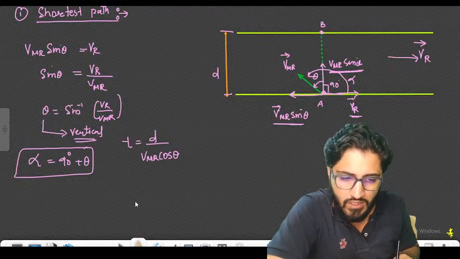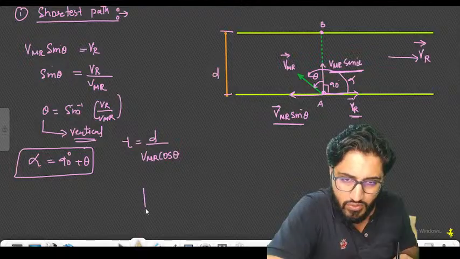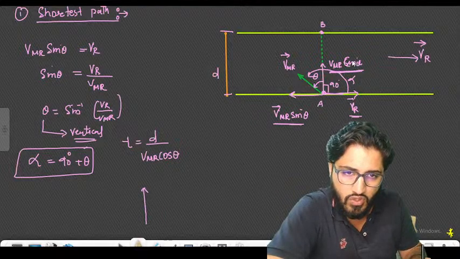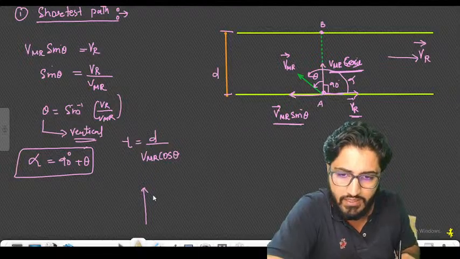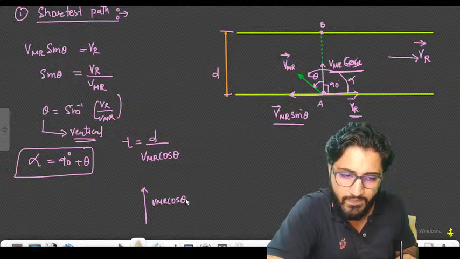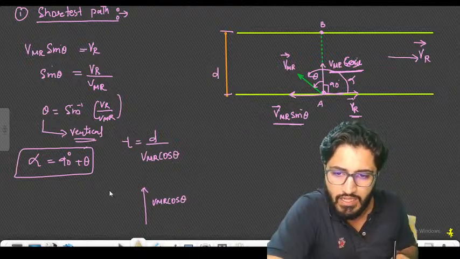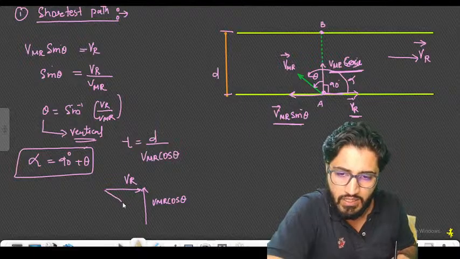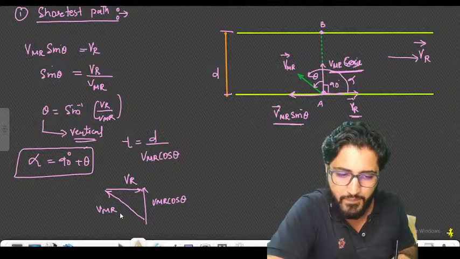Look now. We have angles now, right? So this particular thing is cos theta, sorry, cos theta. So I will write here VMR cos theta. And this one is my VR. And this is my VMR, if this angle is theta.